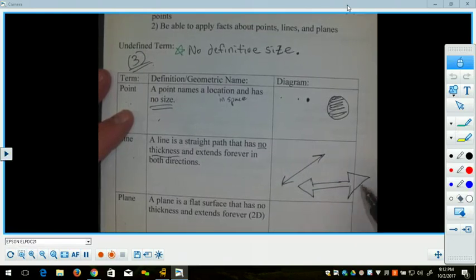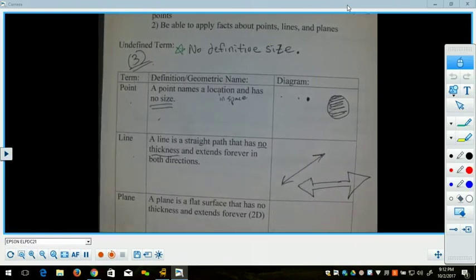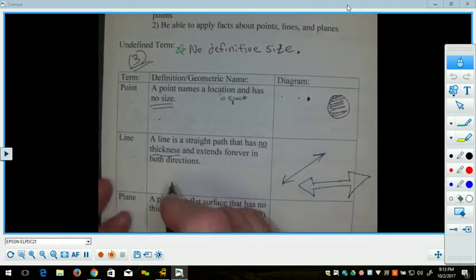It could be as thick as the line in the road, or as thick as the edge of the chalkboard, or as thick as the wall in your living room. A line has no definitive thickness or width.